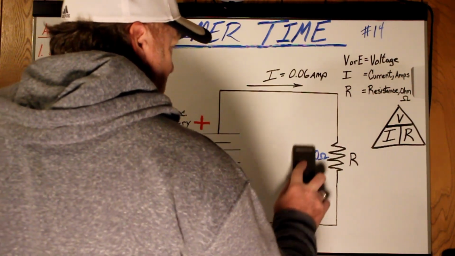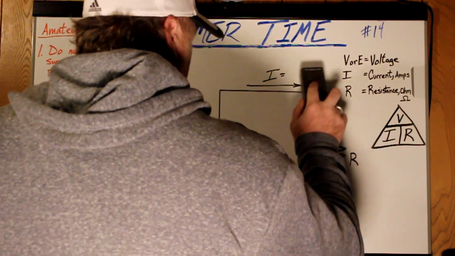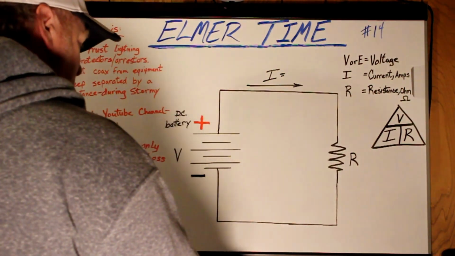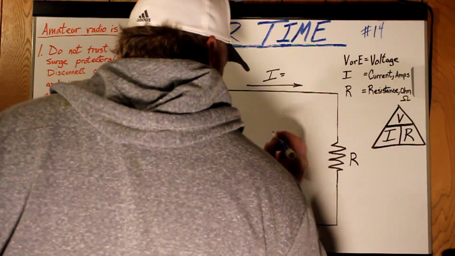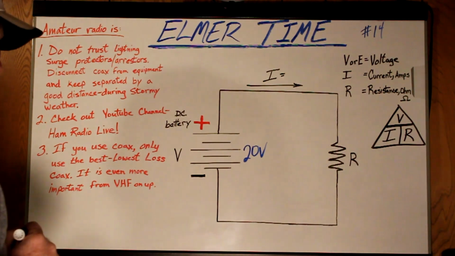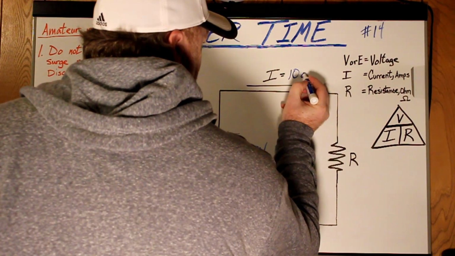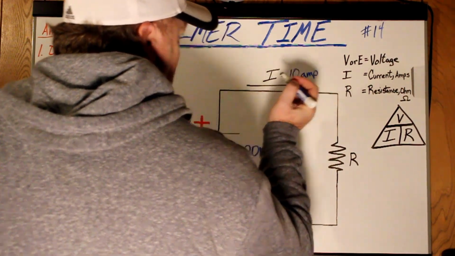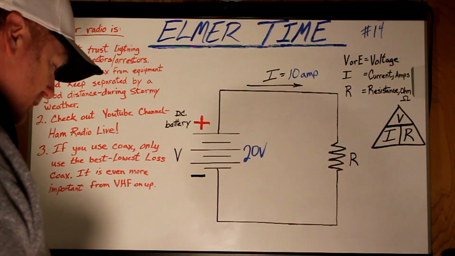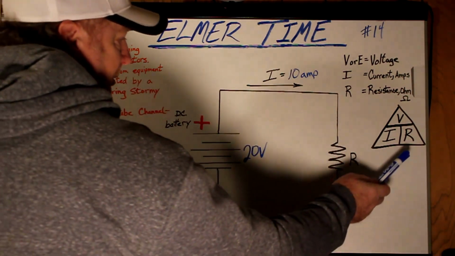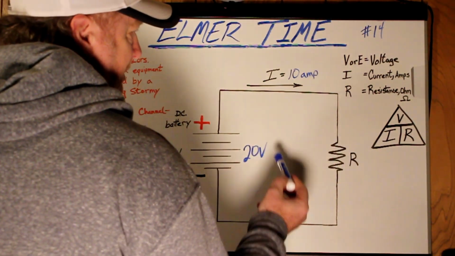Let's say this was 20 volts. Let's say we already know the amps: 10 amps, 10 big amps. What is our resistance? What do? We look at the formula triangle again. We have voltage, we have amperage.